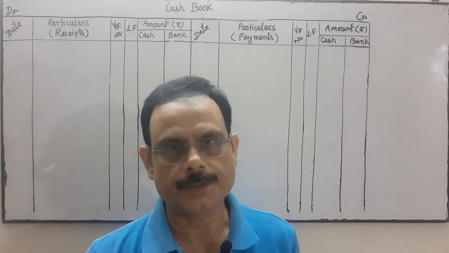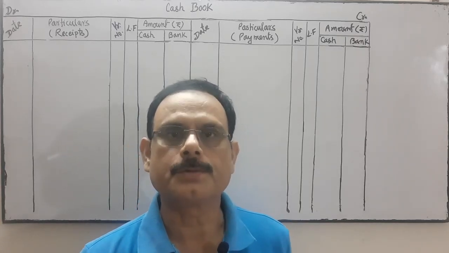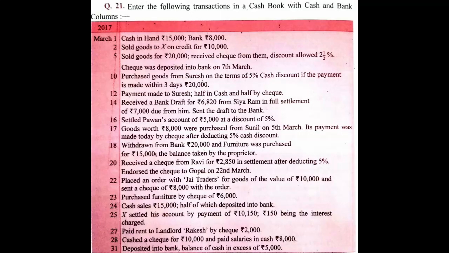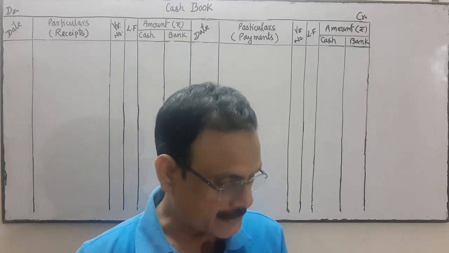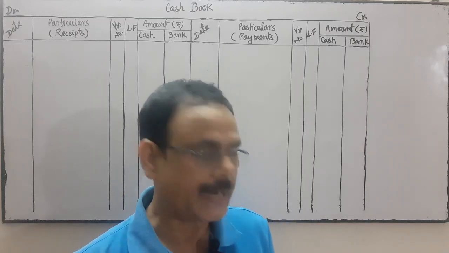You note down the question first and then see how the question is going to be solved. So the question is: enter the following transaction in a cash book with cash and bank column.